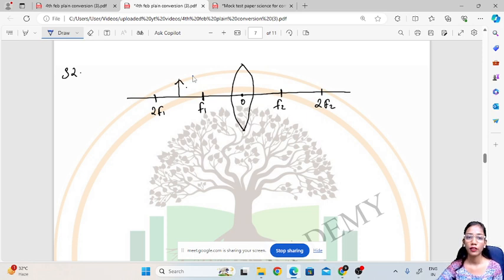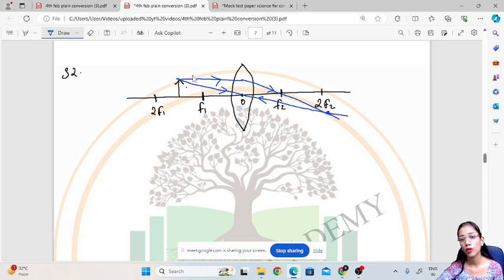A ray parallel to the principal axis passes through the focus after refraction. And the second one, the ray passing through the optical center, comes back undeviated. So these arrows show that.